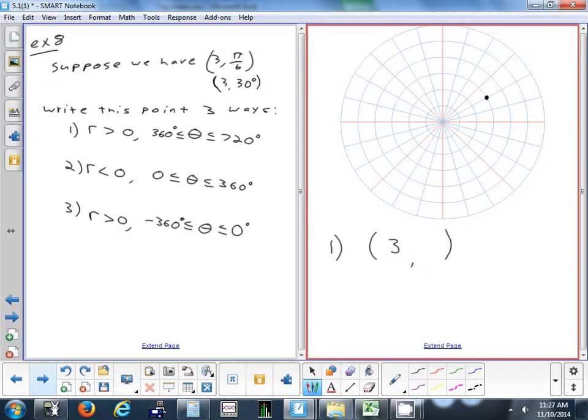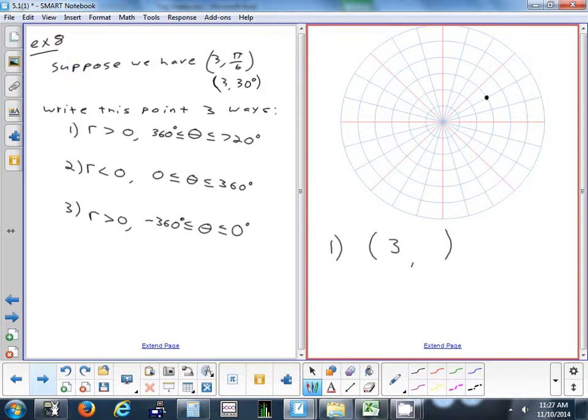And now we want an angle that's bigger than 360 but smaller than 720. In other words, between 1 and 2 revolutions. So how can I take the angle they gave me and make it bigger, but not change where I land? The direction is already determined because they want a positive angle.